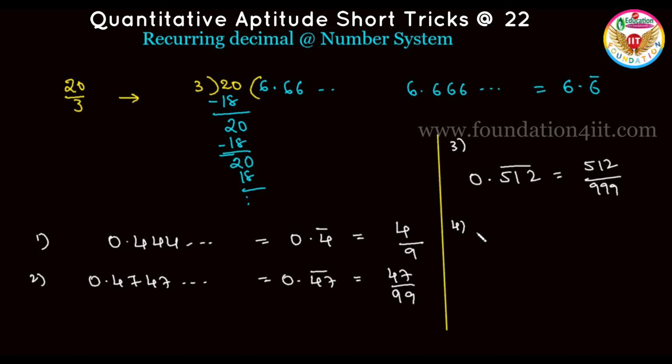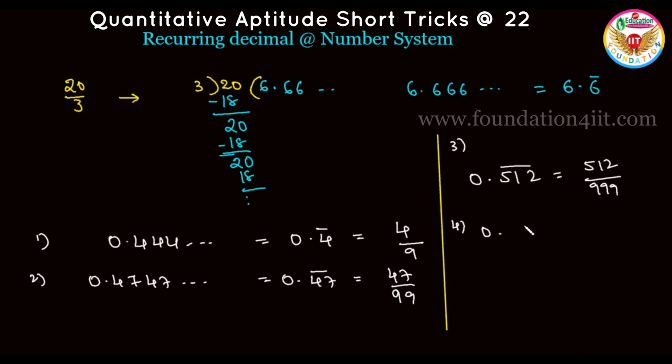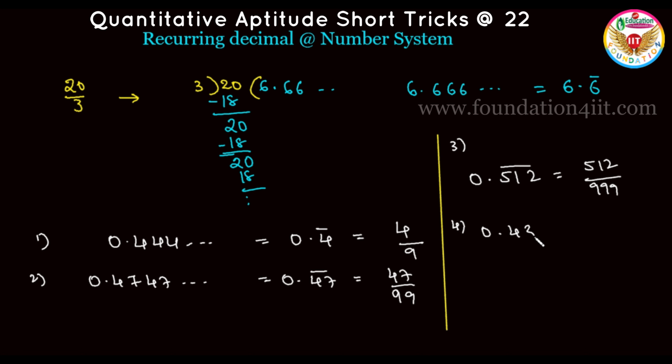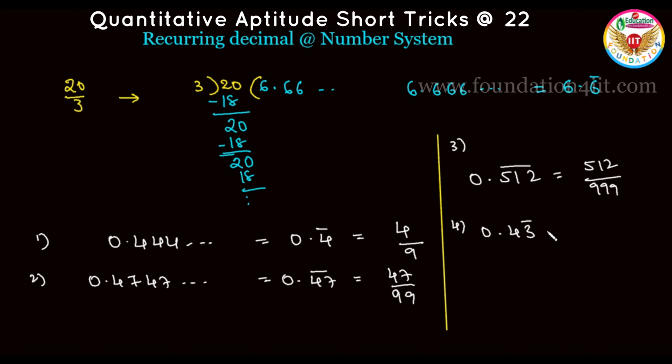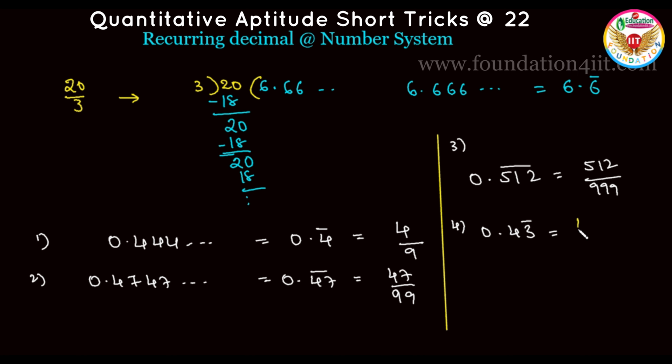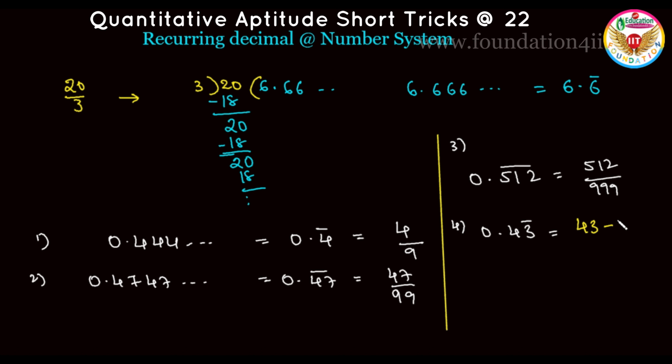Other than this, now only a particular value is repeating. For example, 0.43, let me take. Only 3 is repeating. 0.4333. So that means you just take that number without the point, which is 43, right? Minus the non-recurring number, which is not repeating, 4.